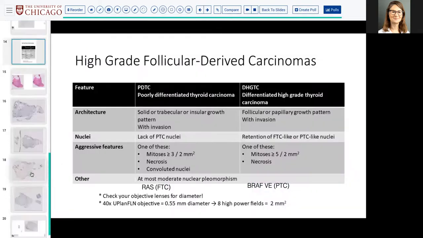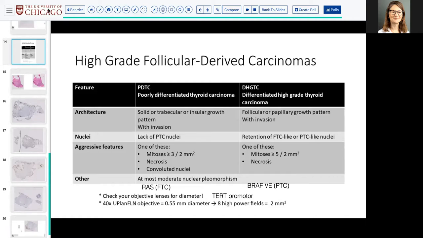Whether you have an underlying RAS or an underlying BRAF mutation, if there is additionally the presence of TERT promoter mutation, these are thought to be compounded biologically. So RAS plus TERT or BRAF plus TERT are thought to be worse biologically than either in isolation.